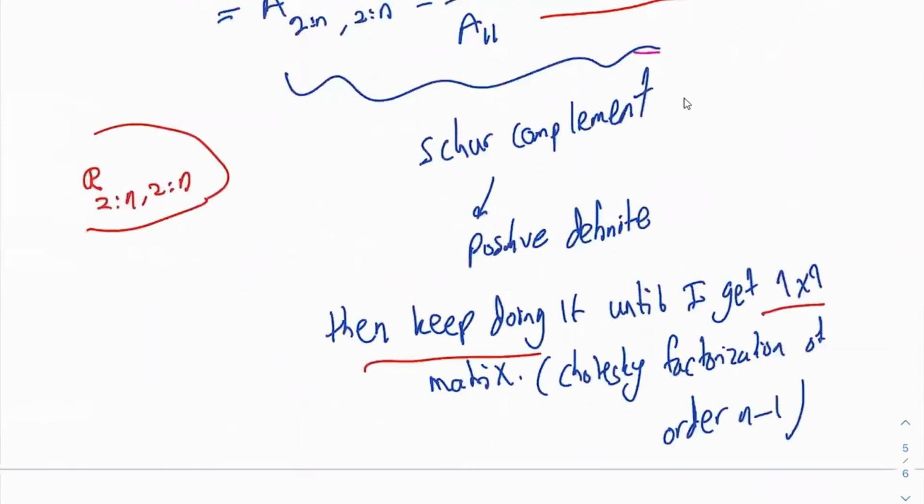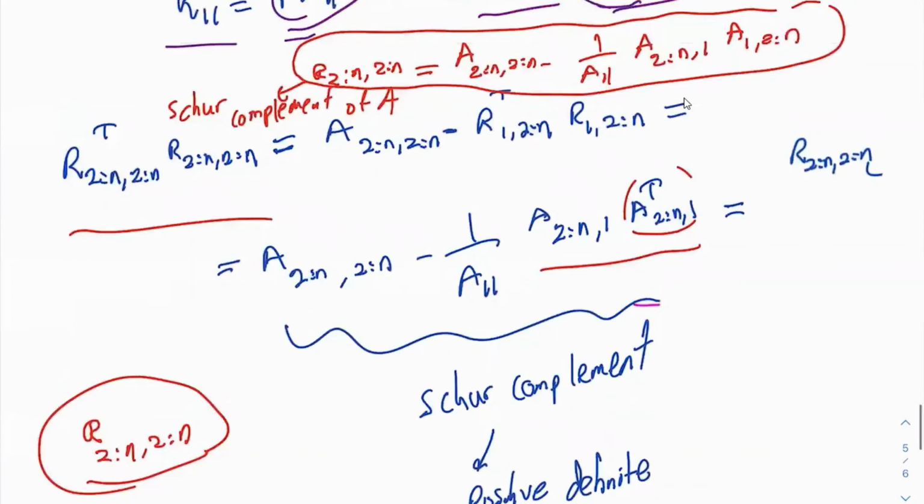So in a sense, we reduce the Cholesky factorization of order n to the Cholesky factorization of order n minus 1. So it's very important: if A is positive definite, then the Schur complement is positive definite. Otherwise, we cannot really apply the Cholesky factorization, because the Schur complement wouldn't be a positive definite matrix.